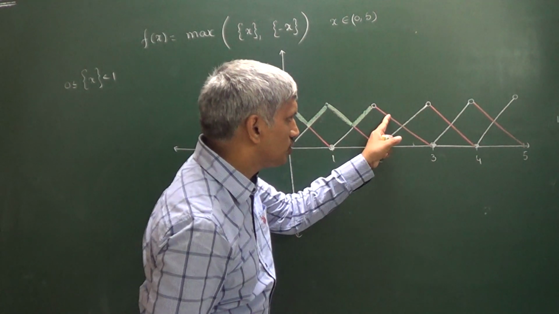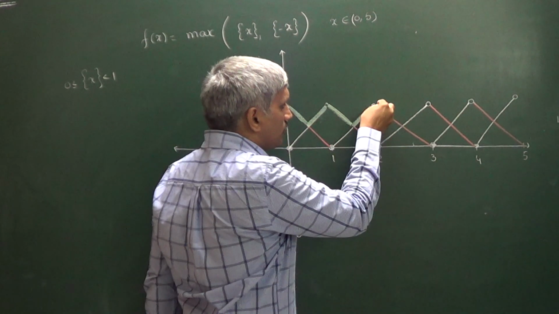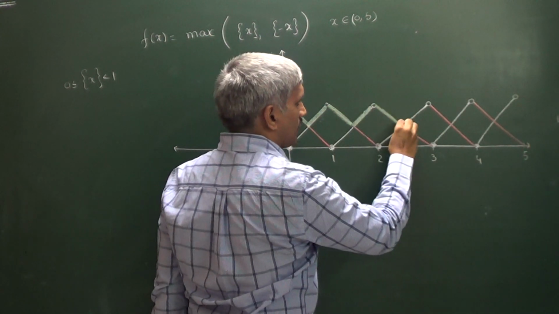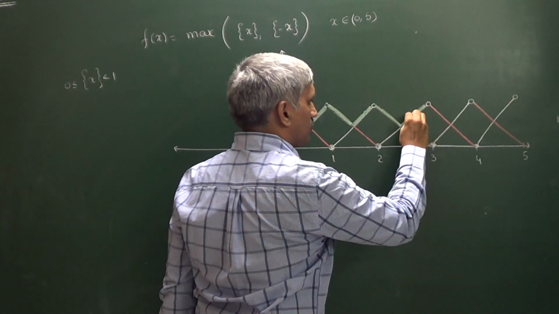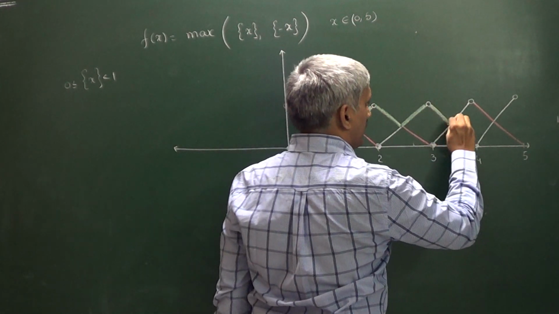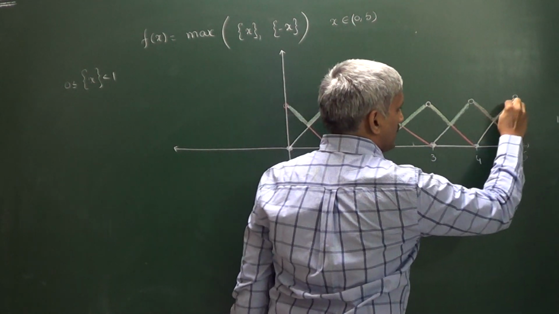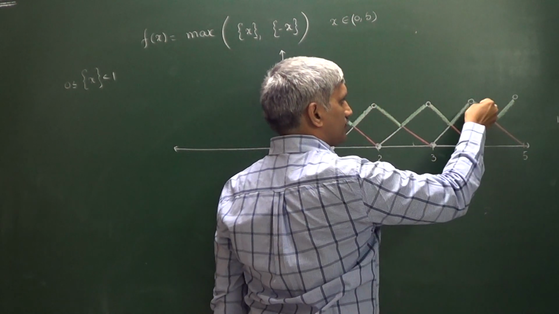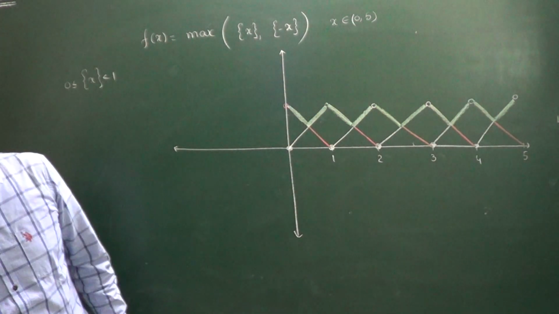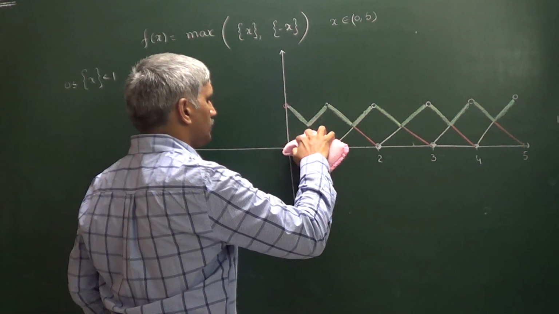Among these two graphs, the maximum graph we have to take. This is the maximum, and this portion is the maximum, and again here we have the maximum, and again this is the maximum. So overall we can say this is the graph of the maximum of those two.